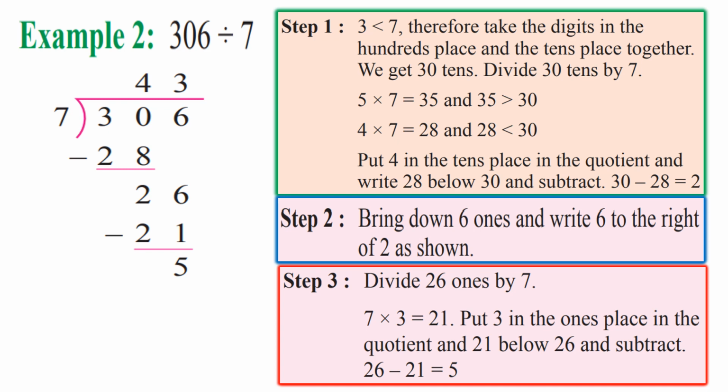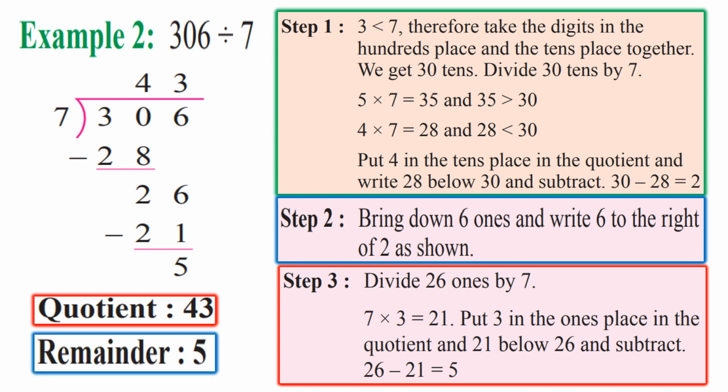Put 3 in the ones place in the quotient and write 21 below 26 and subtract. 26 minus 21 equals 5. And now you have the quotient of 43 and the remainder is 5.